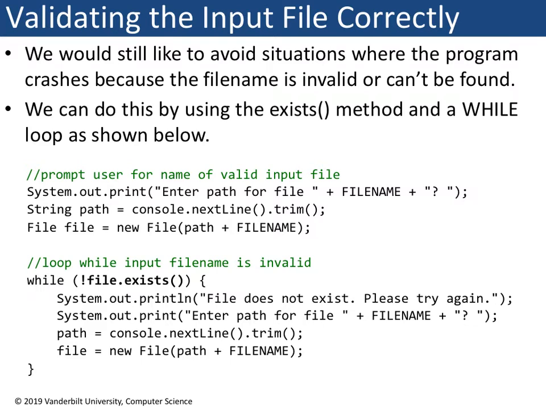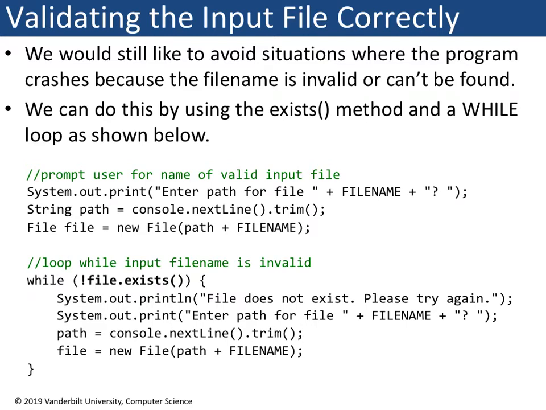In this code, we're printing out, enter a path for the file, and then the name of the file. We get the file path from the console, and then we declare a file object which looks at the file path and looks for the file name at that location.